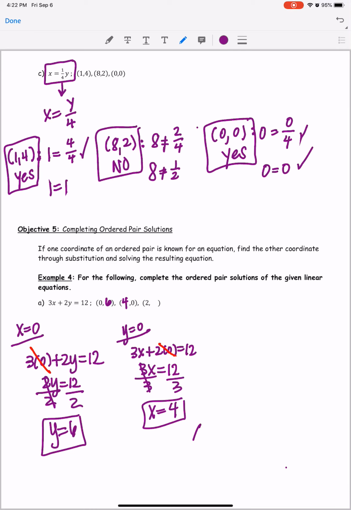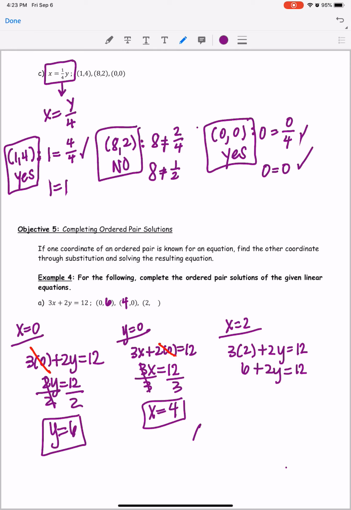And then lastly on this one, now they're giving me x is 2. So plug in a 2 for your x here. So 3 times 2 plus 2y equals 12. So we've got 6 plus 2y equals 12. Solve this for y, so this one's a two-step equation now.